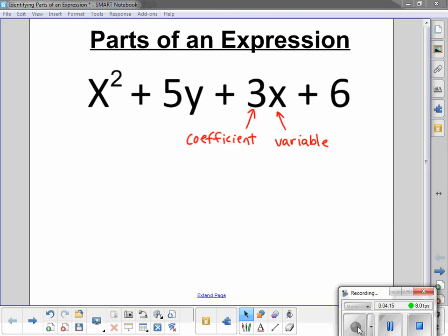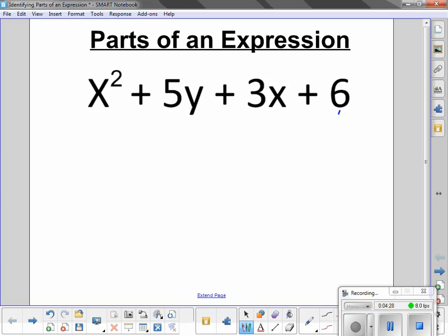In the next term, 3x, we see the variable with the coefficient in front of it. And finally, in the last term, which we called a constant term, the 6 is not a coefficient because it is not directly in front of a variable, but since the 6 is by itself, it is called a constant. And those are all the different parts of an expression.